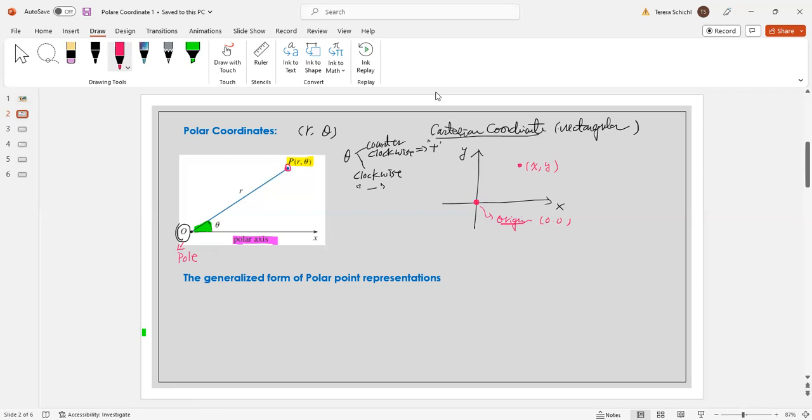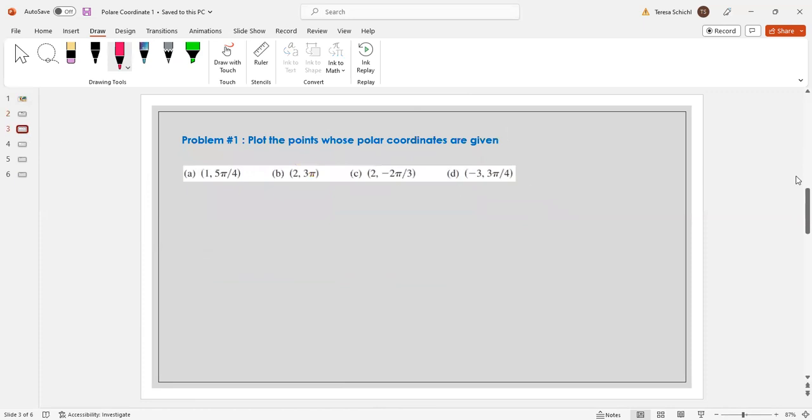Before I fill in the generalized form for the polar point, let's take a look at an example and get familiar with it. Then we'll go back and write down the general form. Here I have four different points in the polar coordinates.